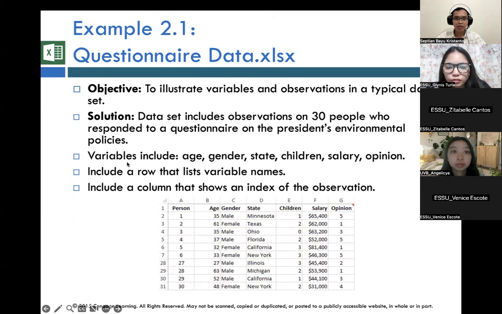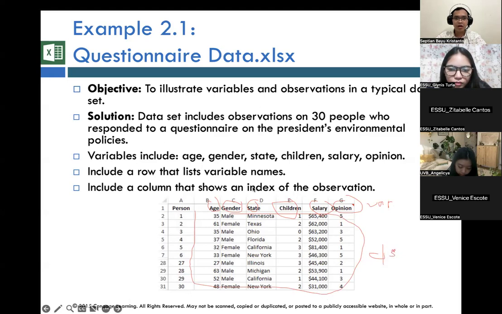So we have some information about the age, the gender, the state, the children, the salary, and the opinion. This is all of the variables. And all of this data, it's called the data set.